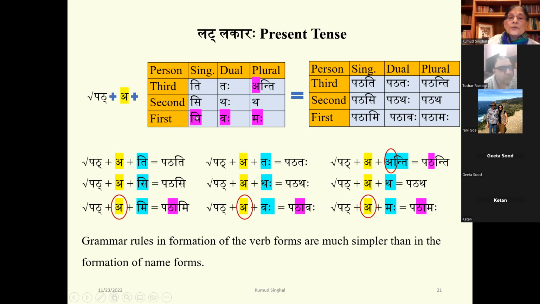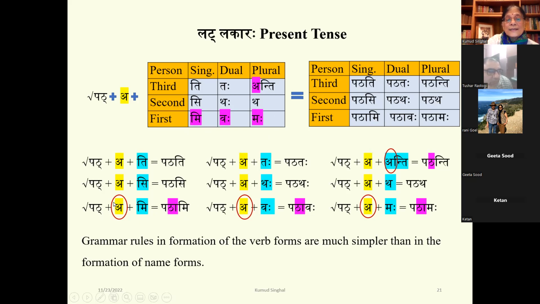Now, when you come to the first person, uttama purusha, there is another rule which is kicking in. So now you have patha plus a plus me. According to this, it should be pathami, right? Like pathati, pathasi. But no, it is pathami.